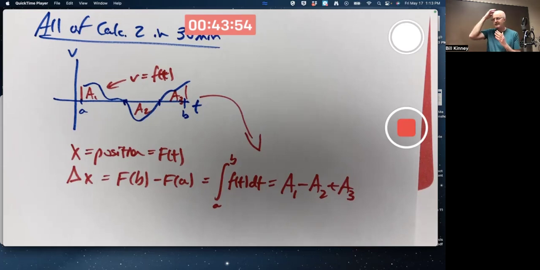If the function is nice and continuous, those Riemann sum areas will have a limit as delta x goes to 0, or as the number of rectangles goes to infinity.